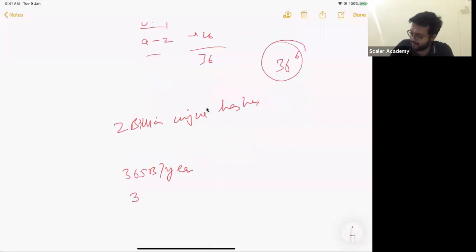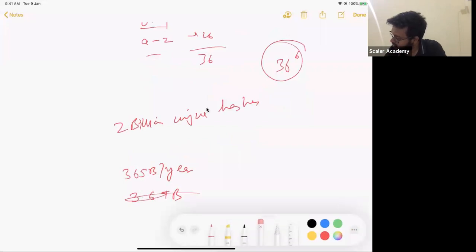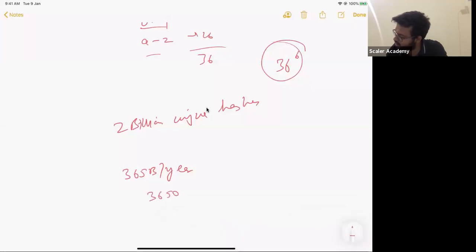It becomes 3.6 TB. Oh, sorry. Yeah, so it becomes something like that. You want to see 3650 billion per 10 years. Does that make sense, folks?